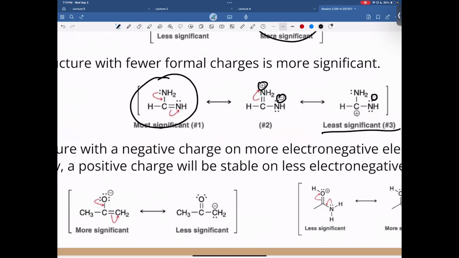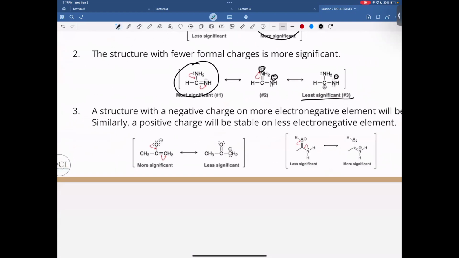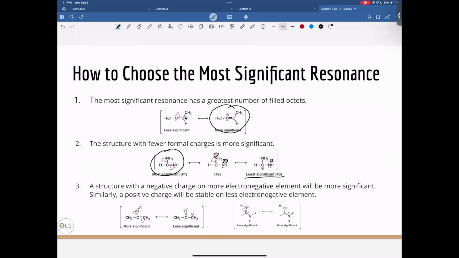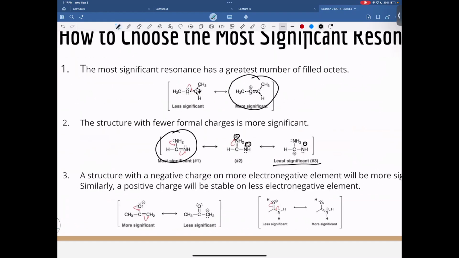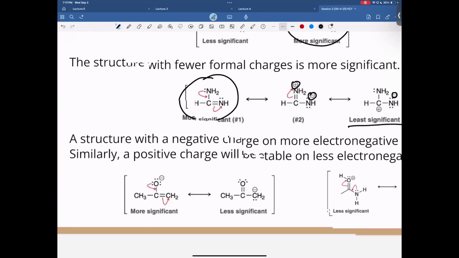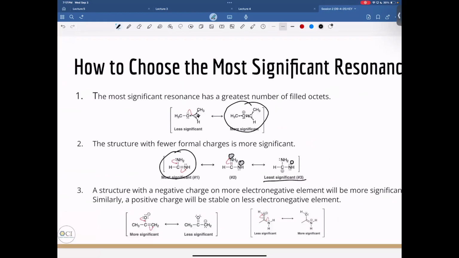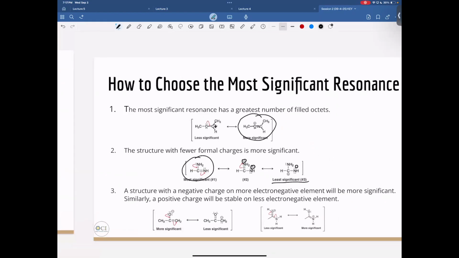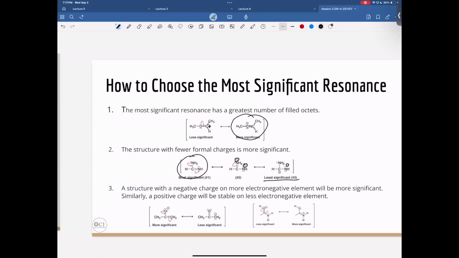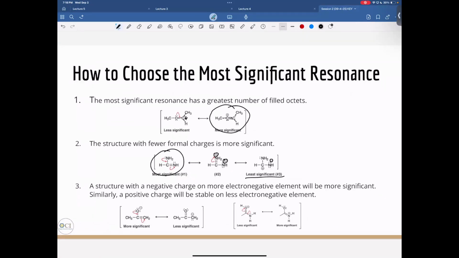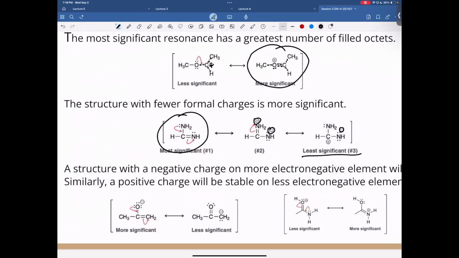All right, last one is using the concept of electronegativity. We just look at if there's a negative charge on the more electronegative element, that means it'll be more significant. And conversely, if there's a positive charge on a less electronegative element, that means that will be more significant. So for the example below, we're going to be working with a negative charge.